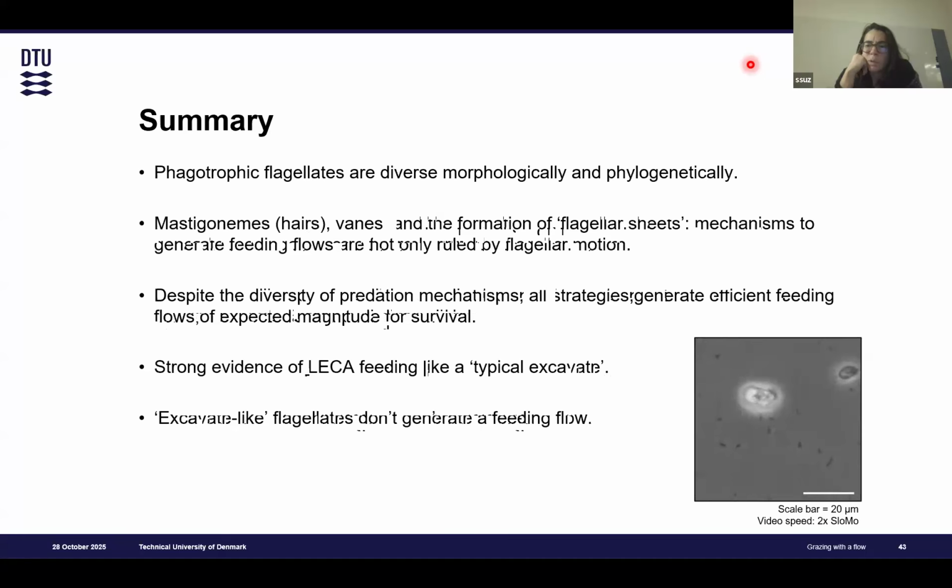And then about the trade-off of these feeding structures when wanting to swim, or any trade-off that these or other functions must have. Well, the mastigonemes I mentioned, I believe they also have a mechanosensing function, but I cannot think of any negative trade-off.